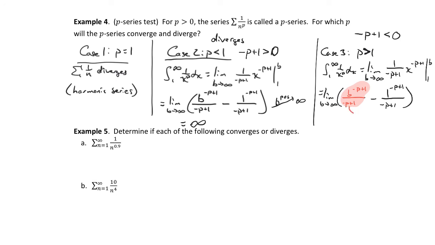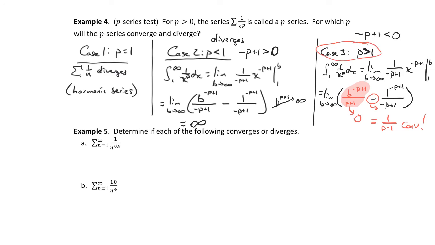So this guy goes to 0 this time, which means that overall it will be equal to, after a little bit of work with the negative in that denominator, 1 over p minus 1. So it converges here. So case 3 is when it converges.